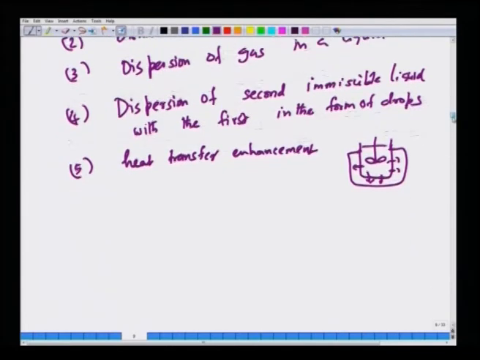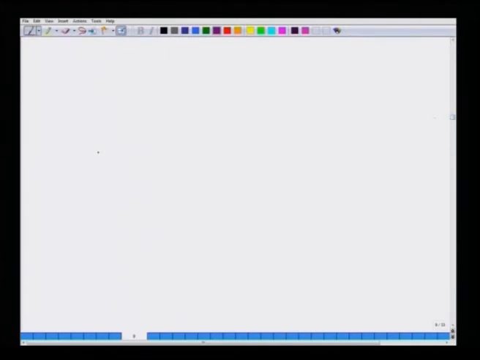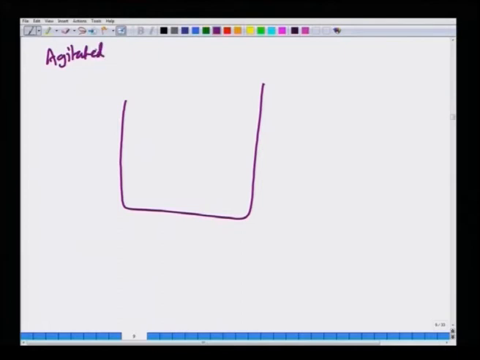Okay. And a typical agitator will look like this. You will have a typical agitated vessel. You have a jacketed vessel. So, let me draw the jacket wherein you use heating fluid or a coolant. Okay.